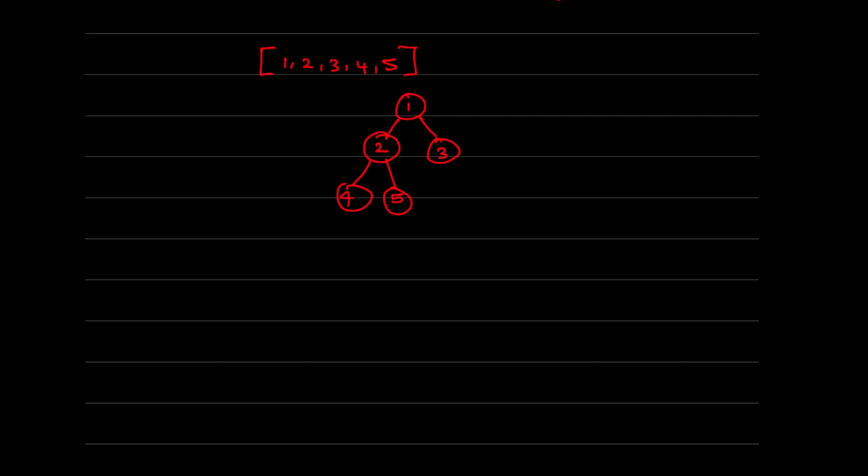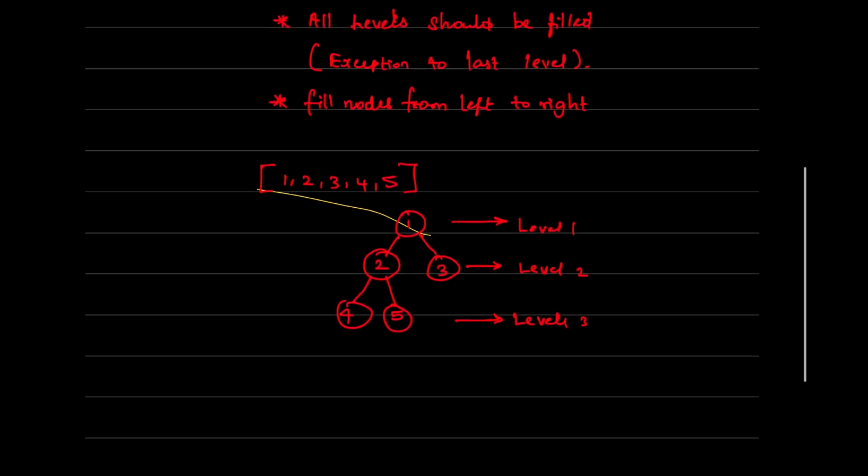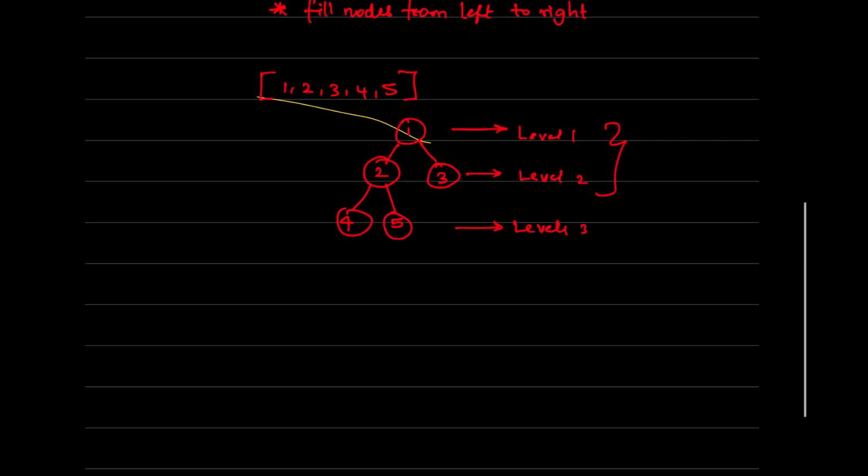This tree has three levels. This is my level 1, level 2 and level 3. My level 1 and level 2 are completely filled. Completely filled in the sense I have one parent and the two children are level 2. I don't have anything left in my level 2 to get filled.